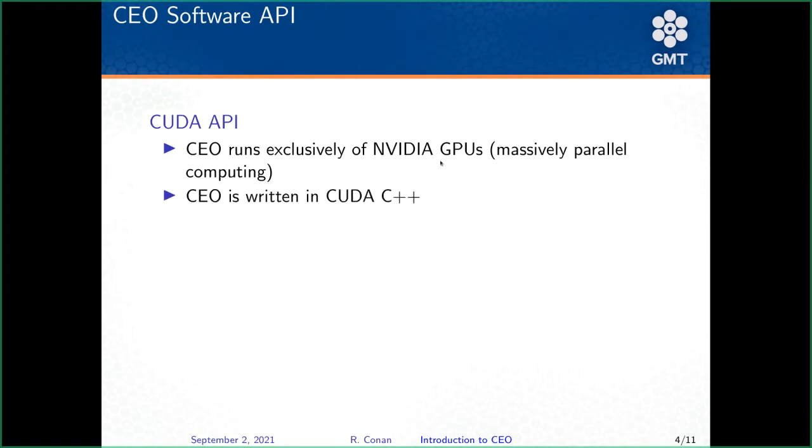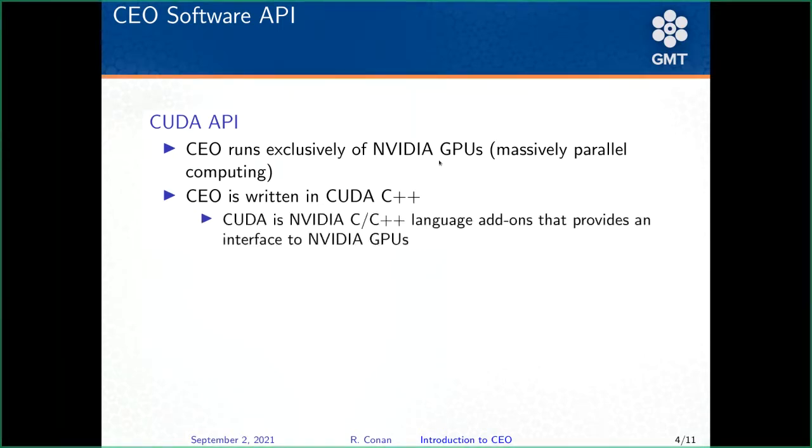CEO is written in CUDA C++. And CUDA is the NVIDIA C++ language add-on that is provided as an interface to NVIDIA GPUs. So it's what allows you to communicate with the GPU and to do this parallel programming. Few people really want to dive into CUDA to do their simulation at first.